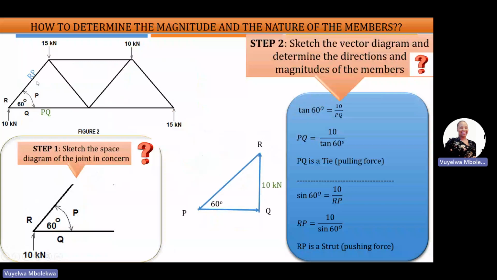you will take these directions and put them back here. You'll take these directions and put them back here. So the PR is this one. It gives you a downward direction. So the downward direction, you will sketch it here closest to the joint.